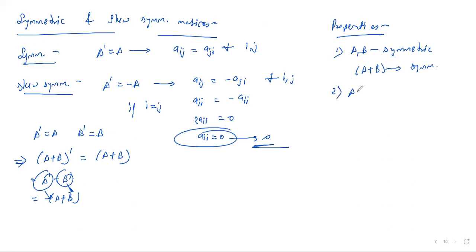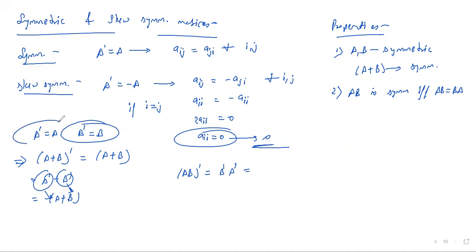Similarly, the multiplication of the matrices AB is symmetric if and only if AB is equal to BA, if they commute, if the matrix multiplication commutes. By this you can see that (AB) transpose is equal to B transpose A transpose. And we have B transpose equal to B and A transpose equal to A, so I can write it as BA.